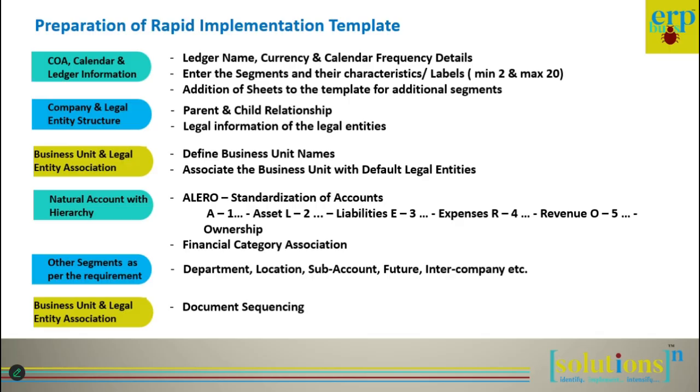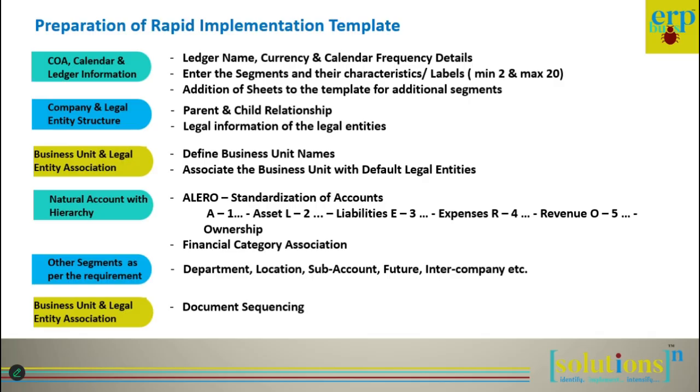As per the standard, we have five types of account. One is asset, two is liability, three is expense, four is revenue, five is ownership. In this pattern you have to arrange all the accounts that the business is going to use for recording their transactions under the natural account segment as a value.